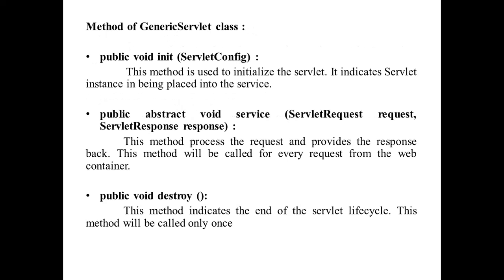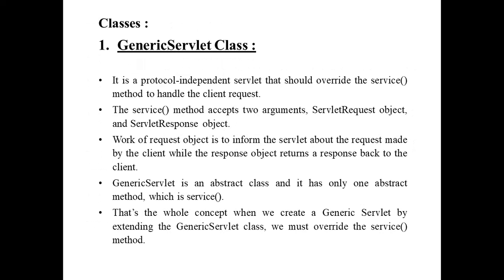So these are the 5 methods of the GenericServlet class, and the GenericServlet class has only one abstract method, that is the service method. In a servlet program, you can write the servlet by extending GenericServlet or extending HttpServlet.